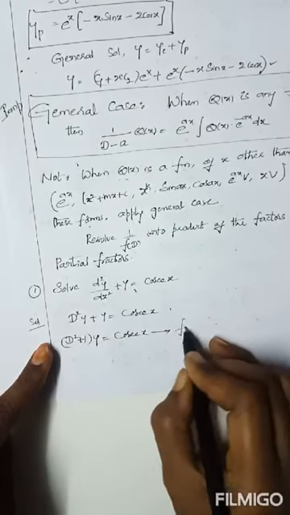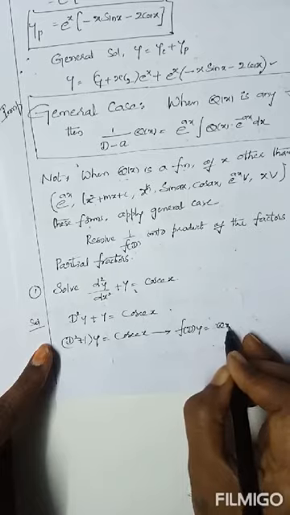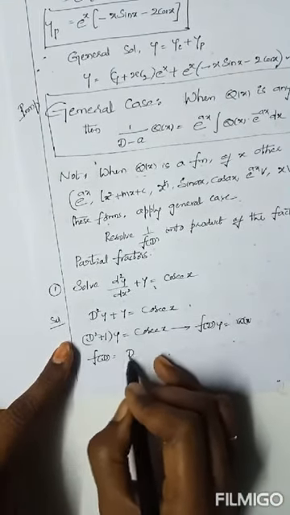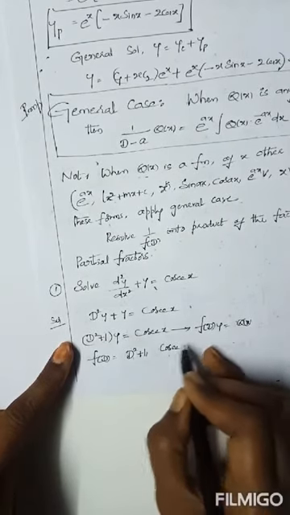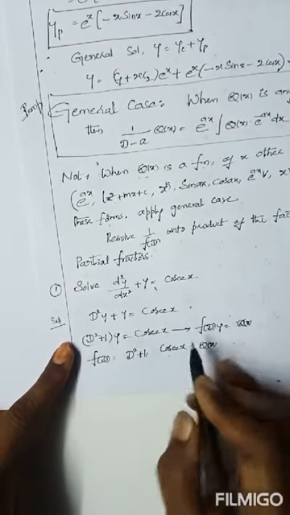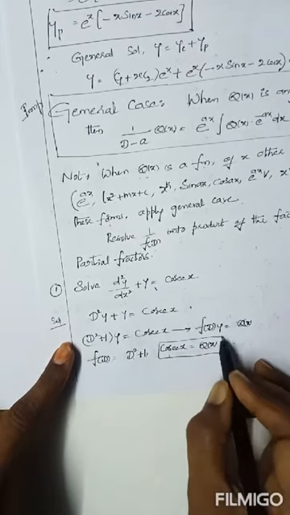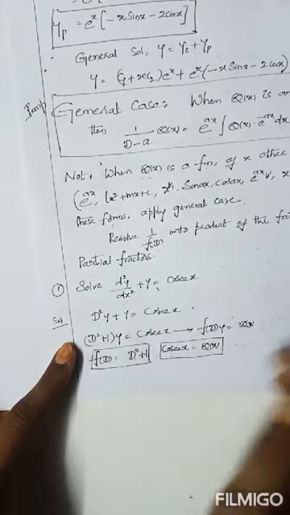It is f of d of y equals q of x. Here f of d equals d square plus 1, and cosecant of x is q of x. First of all, we need the complementary function.